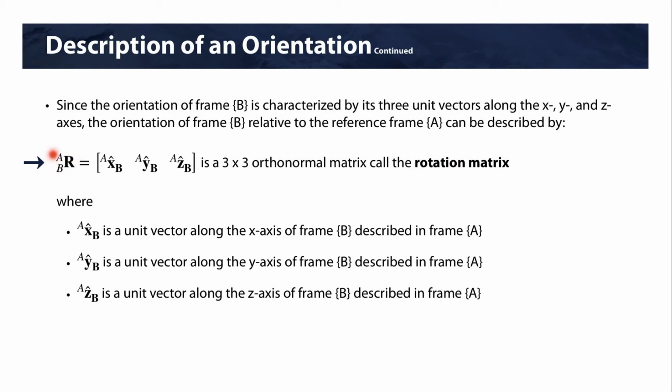This superscript and subscript notation here tells us that we're describing frame B with respect to frame A. Just a note here, XB with respect to A is the unit vector along the x-axis of frame B described in terms of frame A, and we have the same for Y and Z. With these three unit vectors, we can describe the orientation. This rotation matrix comes up a lot in robotics, and we'll be using it throughout the various videos.